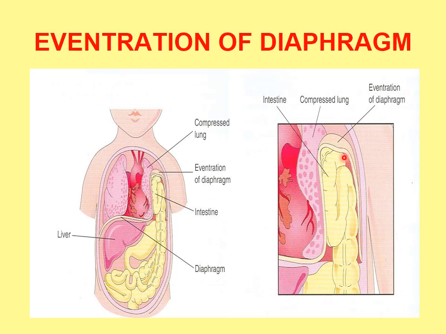This is because of failure of ingrowth of muscular tissue into the pleuroperitoneal membrane, so it remains membranous and balloons out into the thoracic cavity, causing pressure on the lung. That is not a true herniation, rather it is covered by a membranous pocket of diaphragmatic tissue.